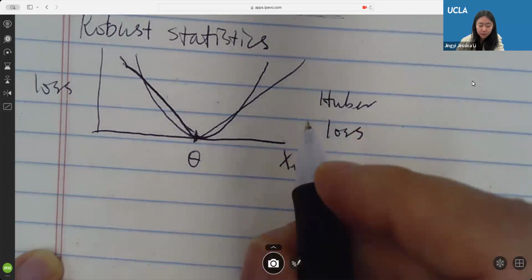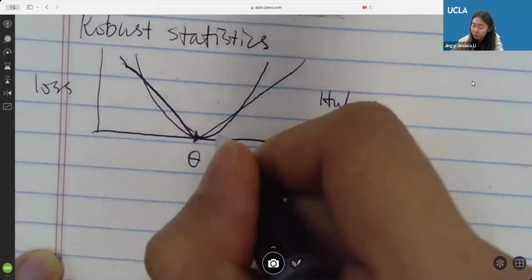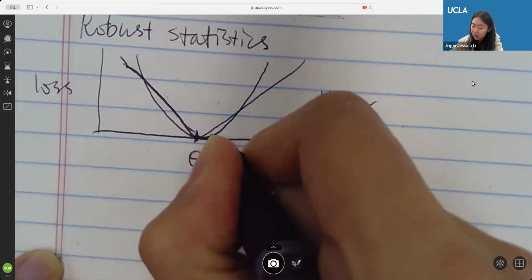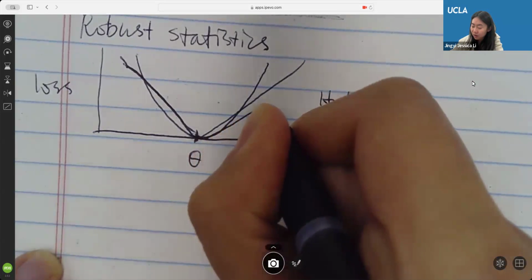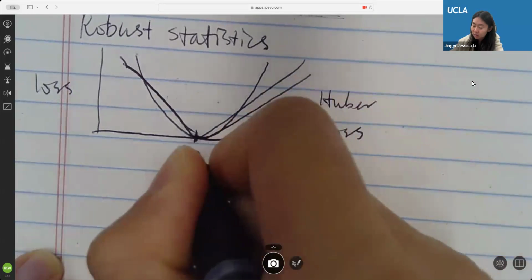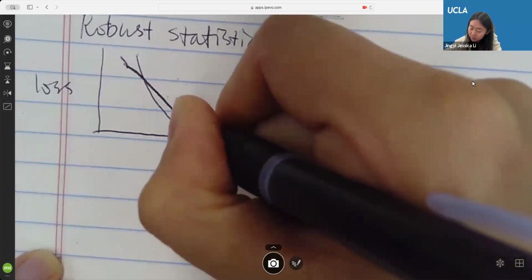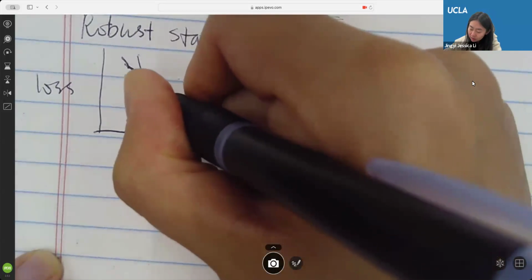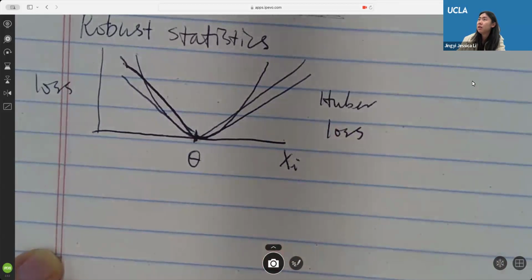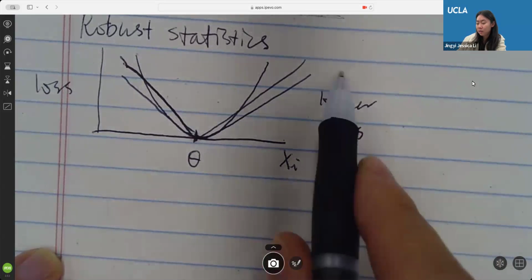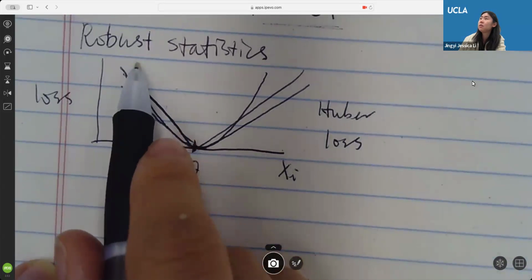So it's a combination of both. The shape of the Huber loss is like this: you first start with the L2 loss, and then starting from somewhere, you follow the L1 loss. On the left-hand side, same thing. You start with the L2 loss, and then you run parallel to the L1 loss for large values. So you try to have a good property of both. And the Huber loss forms the foundation of robust statistics.